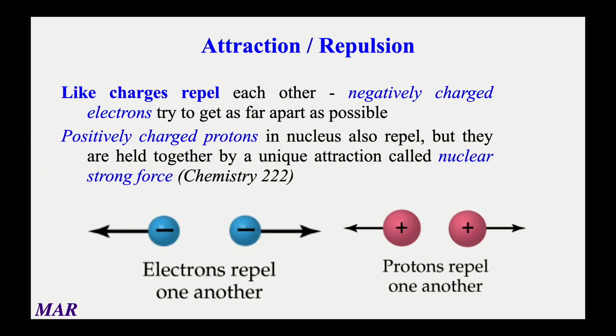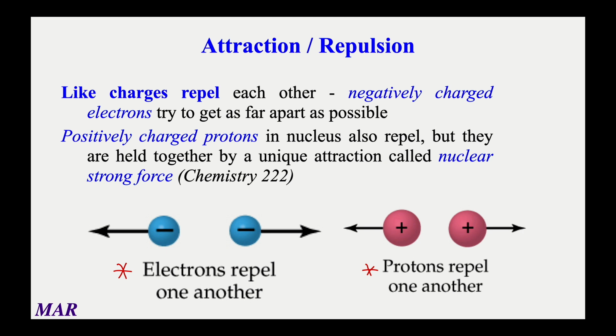There are two types of repulsion that are important in chemistry. You can have electron-electron repulsion, so if electrons come too close, they get away from each other. But also really important, protons tend to repel each other if they get too close. The nucleus is able to hold lots of protons because, first of all, you have some neutrons in the middle. Neutrons, we're going to see, are neutral, so they keep the protons apart.